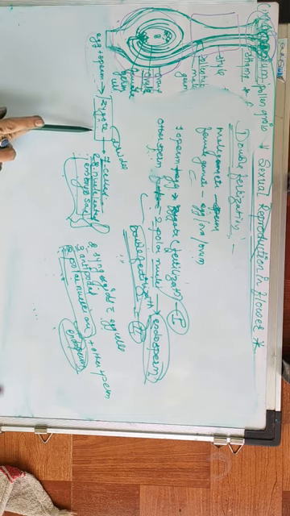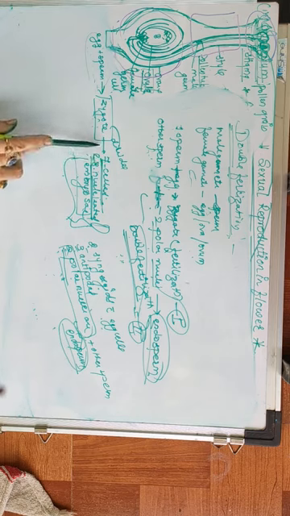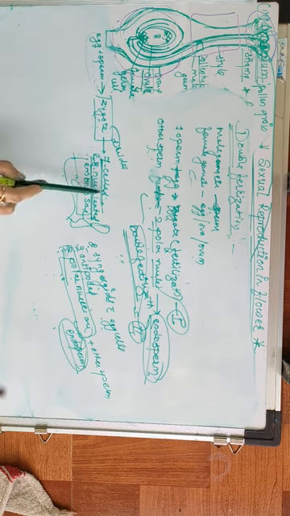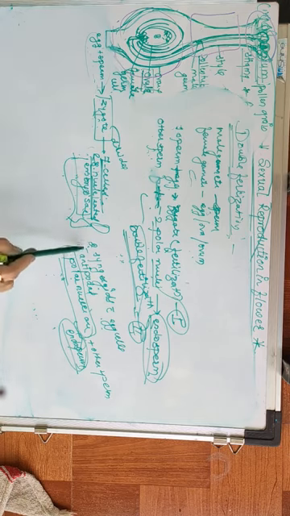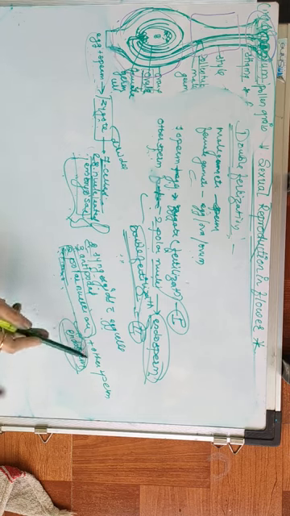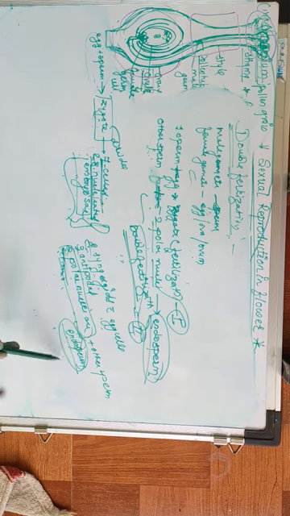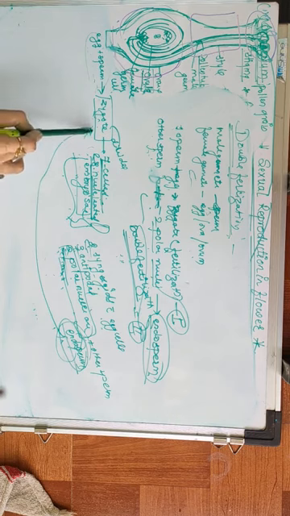Now this zygote divides many times and forms a structure called the embryo sac, which has 7 cells and 8 nuclei. Out of these 8 nuclei, 2 are synergids, 3 are antipodal, 2 are polar nuclei. Now these 2 polar nuclei fuse with the other sperm and form endosperm, and this endosperm provides nourishment or support to the growing zygote or growing embryo.